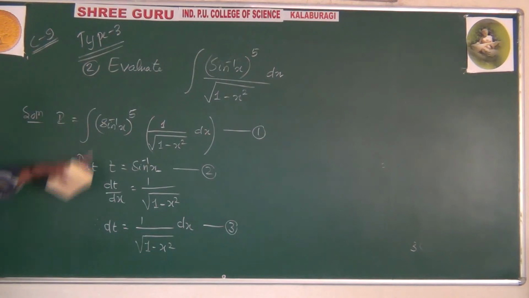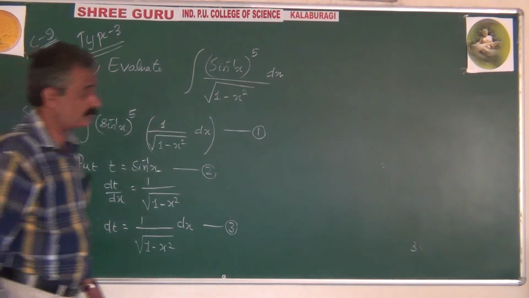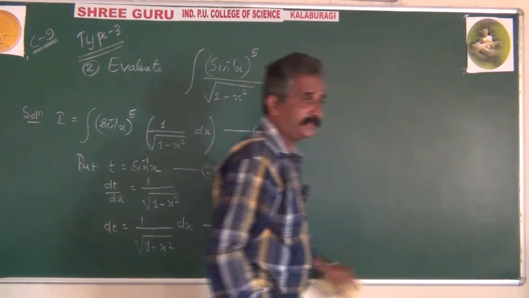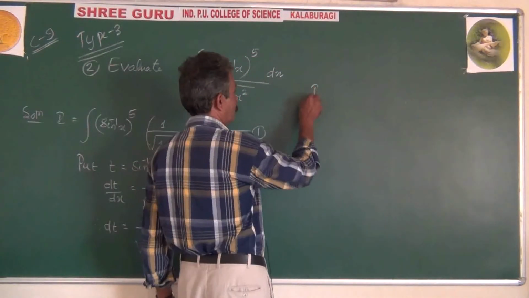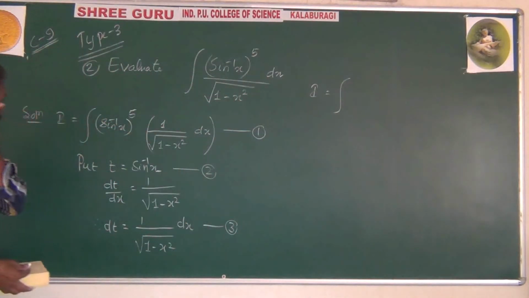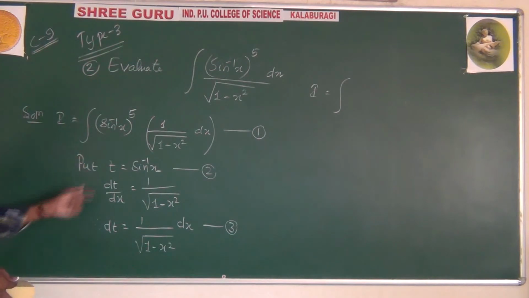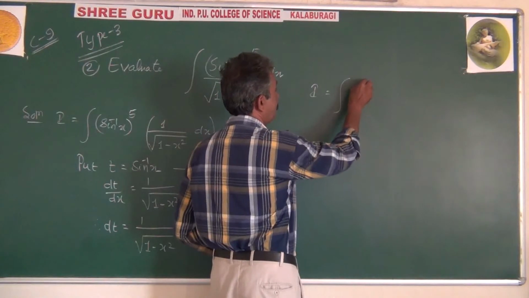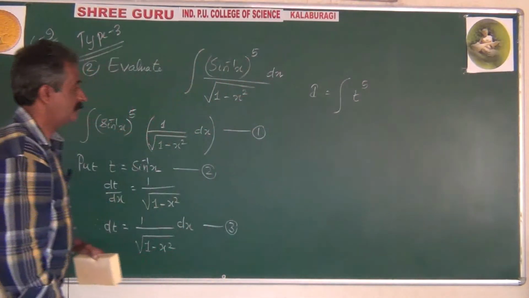Right, from 2 and 3, 1 changes to I equals integration. For sin inverse x, what can we write? t, which becomes t power 5.